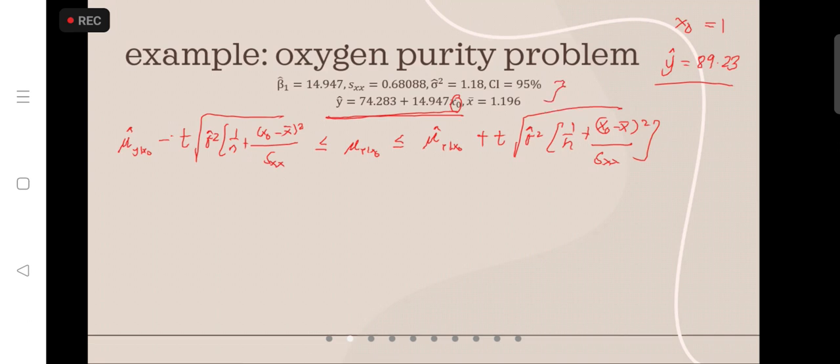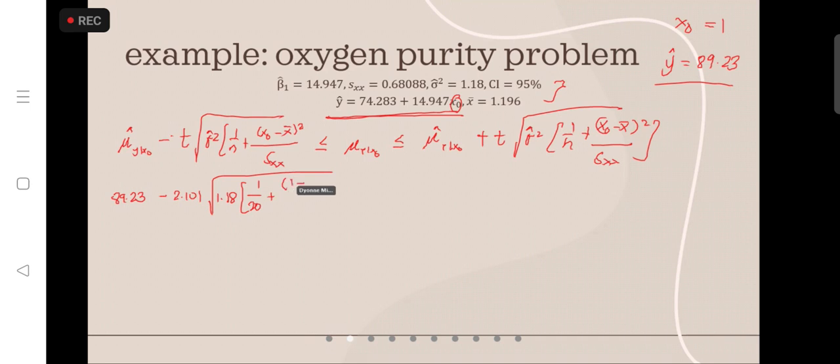So, our value for mean is 89.23 minus 2.101. And our t is 2.101 again. The square root of the estimator of variance is 1.18 times 1 over 20 plus our x0 is 1.